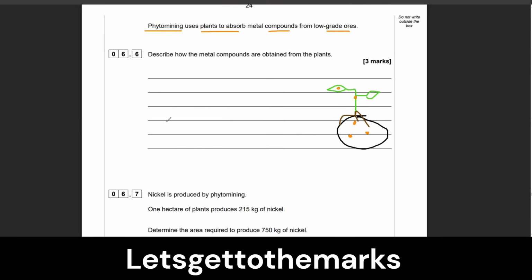And all we need to then do is set fire to the plant. I know, pretty grim. What's the plant ever done to us? But we burn the plant. And what is left behind after you burn something? Well, you have ash, black ash or grey ash, whatever. And in that ash is bits of copper.